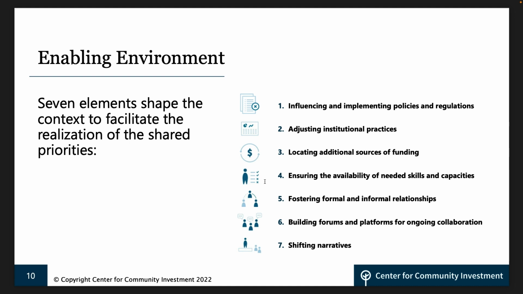Data, the use of data. We also look at who's talking to whom in which kind of collaborative platform and who's bringing the bagels. So it's the whole thing. The important thing about the enabling environment is that we've really seen what a difference it makes when people are conscious about changing it. And it is subject to change.